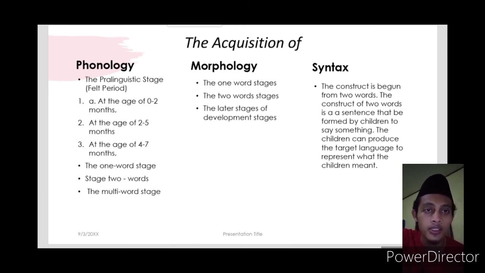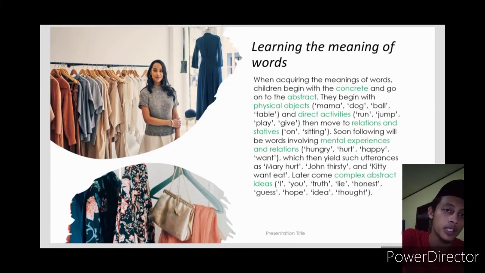And then the third part, or the last, I would like to explain how children learn the meaning of words. Children learn the meaning of words from concrete to abstract. At the concrete level, they can learn the meaning of a word.